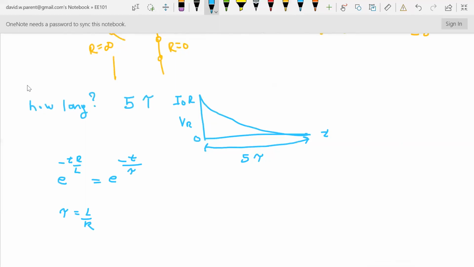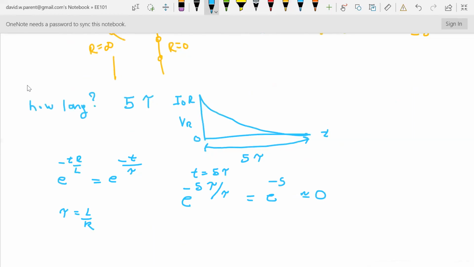So let's use 5 tau. So e to the minus, t equals 5 tau, will be 5 tau divided by tau, which equals e to the minus 5, which is very close to 0.